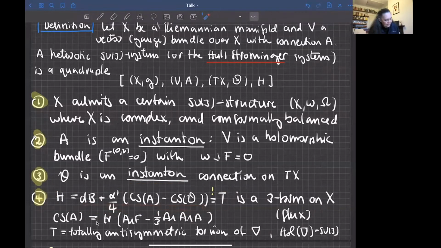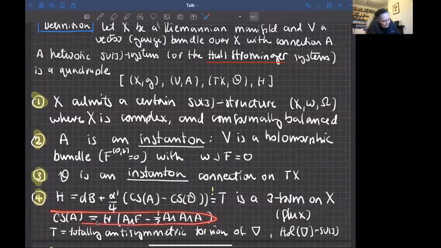But notice the complication, right? This is a three-form on the manifold. It is said that, apart from a closed bit, this is equal to the difference of two Chern-Simons forms. This is the Chern-Simons form for A, and this is the Chern-Simons form for theta, where here's a reminder of the formula for the Chern-Simons form.